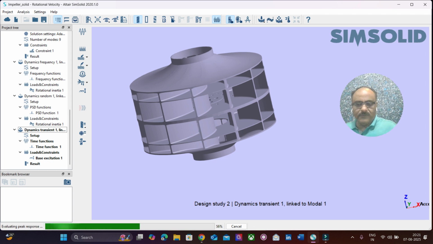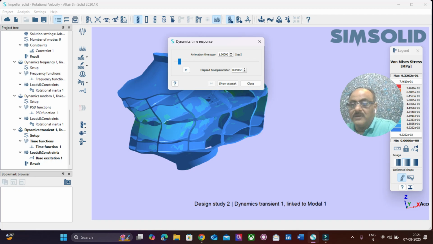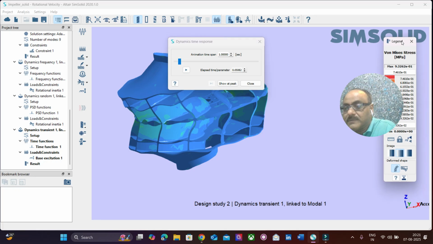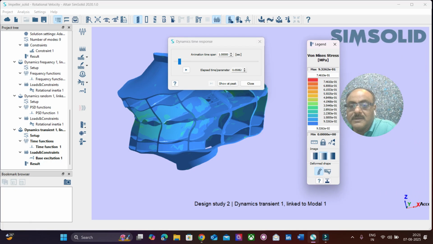If the stresses are again within limit, we can say for 1 G force the system is going to be stable. Here we find that the von Mises stress is about 0.75 Newton per mm square. That's very less, for G force it is very less.